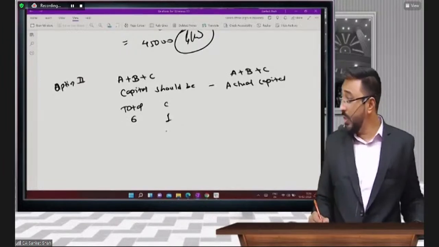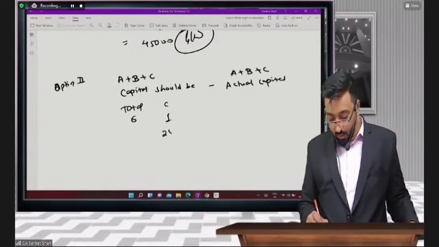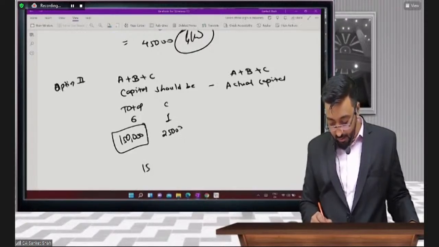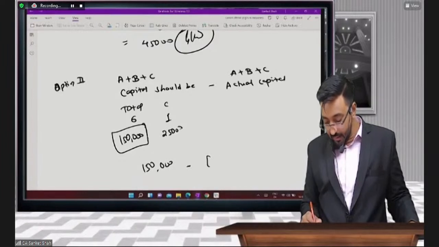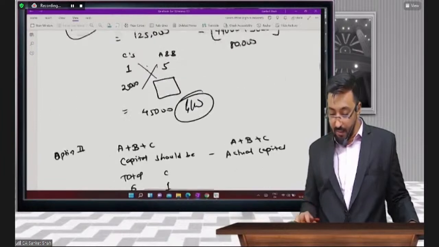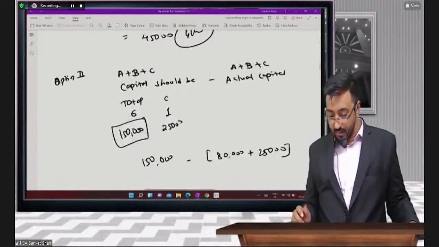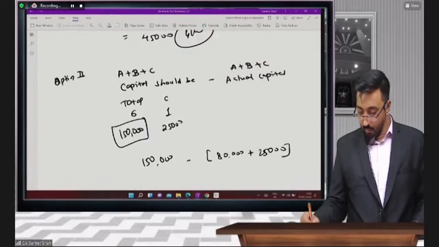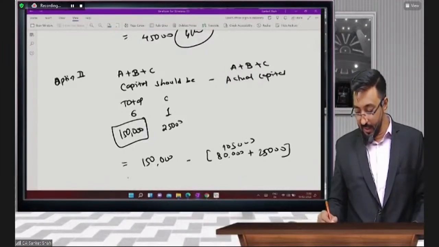For 1 chocolate he brought 25,000. So total capital is 1,50,000. So 1,50,000 minus actual capital, which is 80,000 plus 25,000. A and B's capital is 80,000, 44 plus 36. So 80 plus 25, 1,05,000. You will get the same answer, 45.